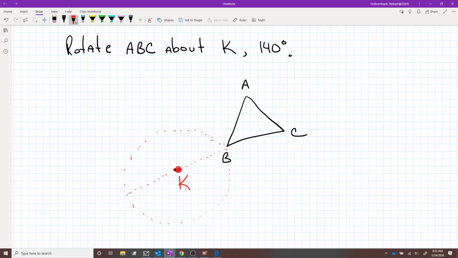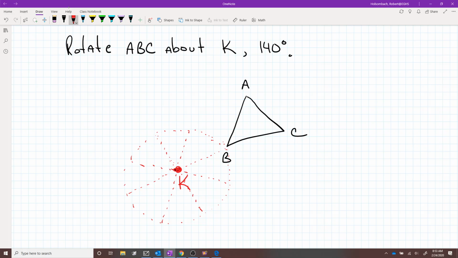But we don't want 180 degrees. We want 140 degrees. So if you take this circle and split it in half again, the other direction, now you've got 90 degree increments. And if you break this circle down again, these two directions, now you've got 45 degree increments. Y'all see that?